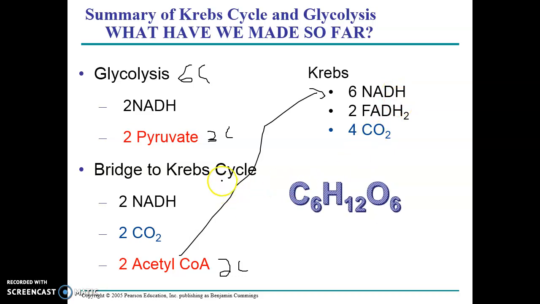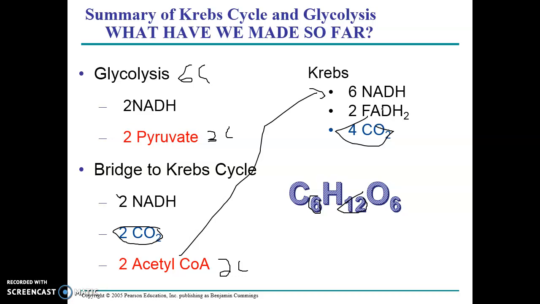The point is that the 6 carbons are now in the carbon dioxides, and the 12 hydrogens, which really are electrons, are in the NADHs, so all the electrons that glucose originally had are now in NADH and FADH2.